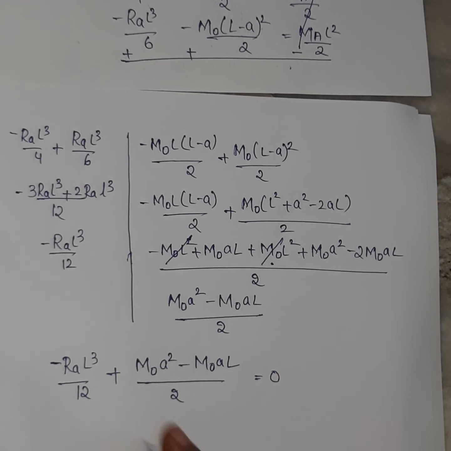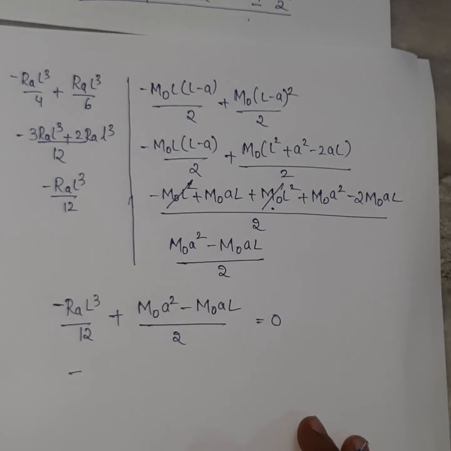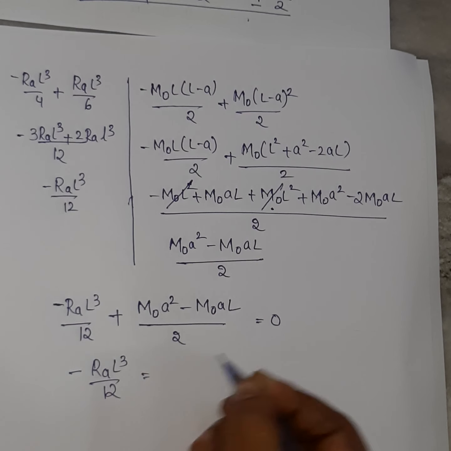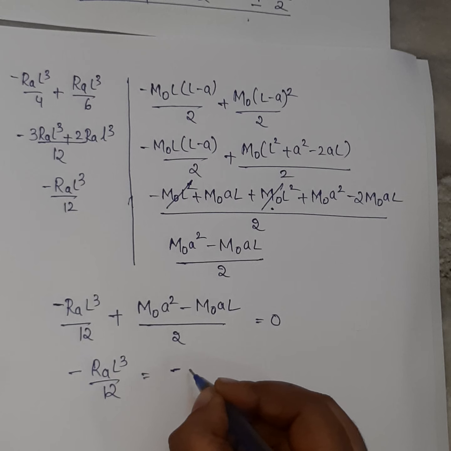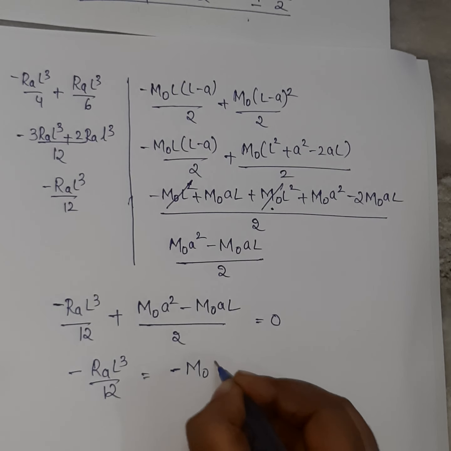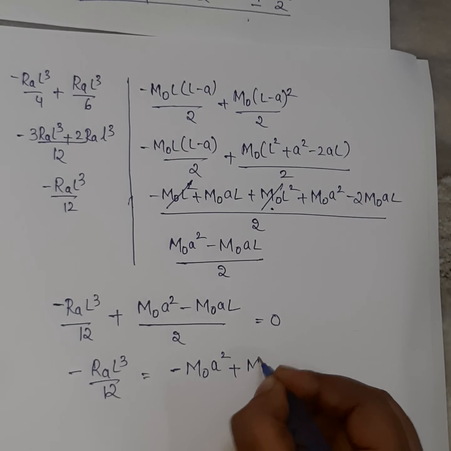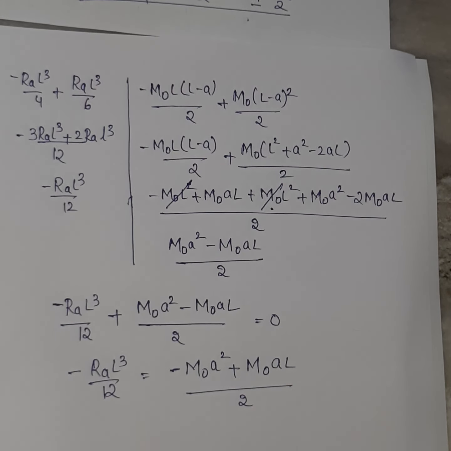So minus RA L cube by 12 is equal to minus m naught A square plus m naught AL by 2.